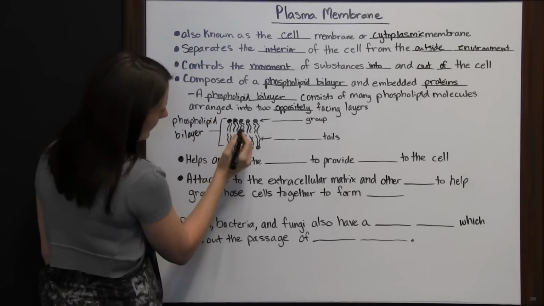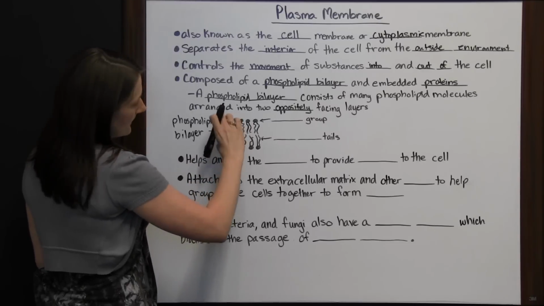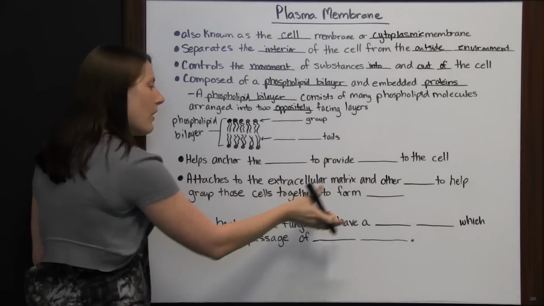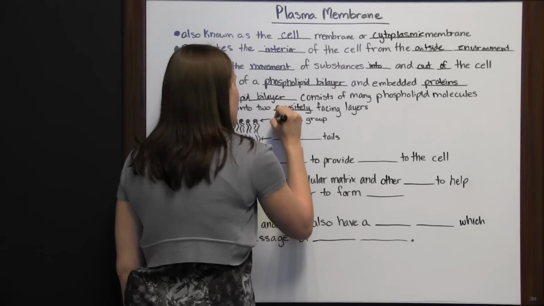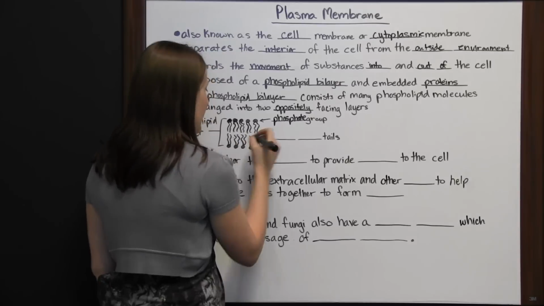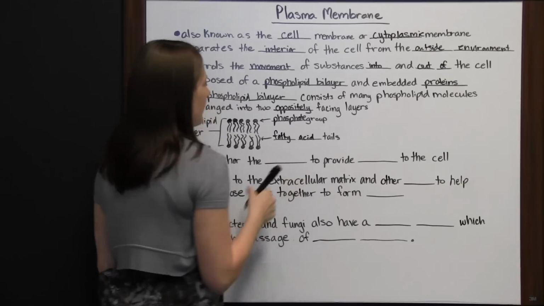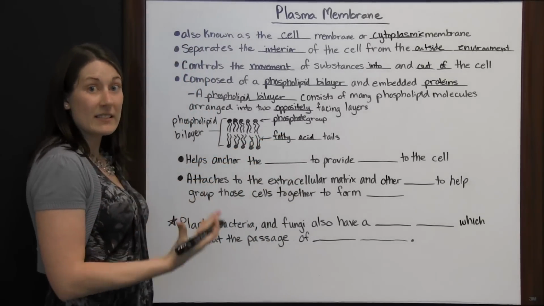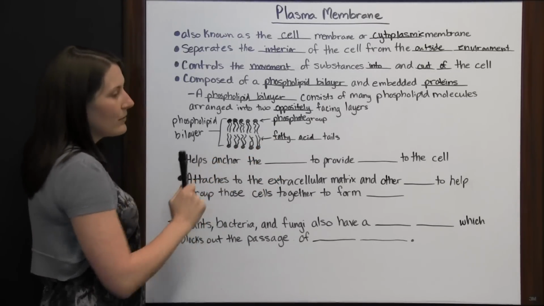So bilayer because it's technically two layers of these phospholipids, and you can see how it kind of looks like it could be making a wall, and this whole thing would go all the way around the cell. Now, these top parts are phosphate groups, and these are fatty acid tails. So you've got phosphate group and fatty acid tails, which are like lipids. So you get your phospholipid bilayer because you have two layers of it.